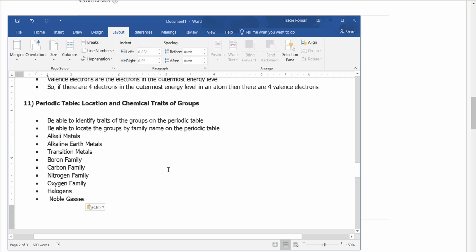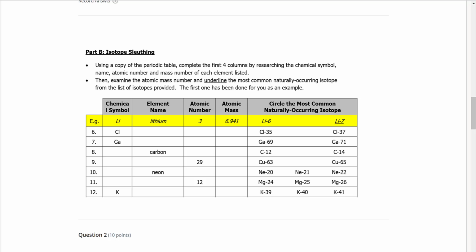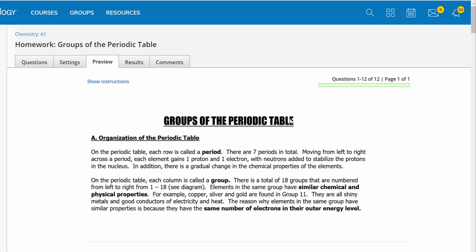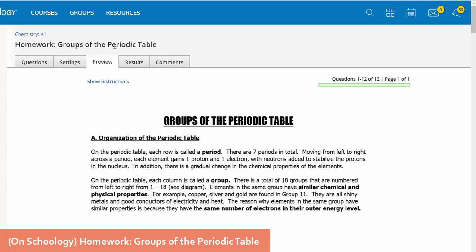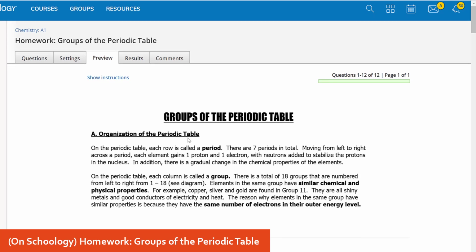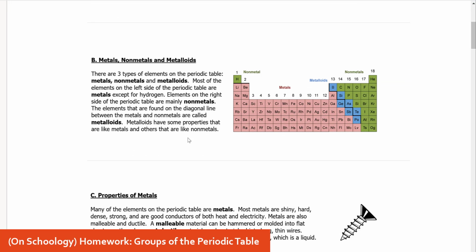Now, this last group of information that you need to know, we can find this information in the homework assignment groups of the periodic table. You need to be able to indicate where the metals, nonmetals, and metalloids are on the periodic table.